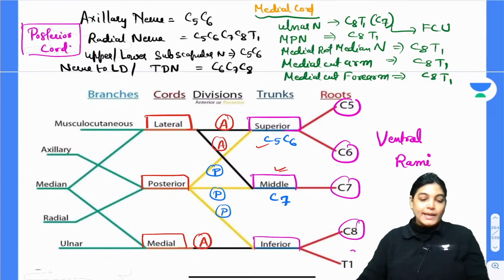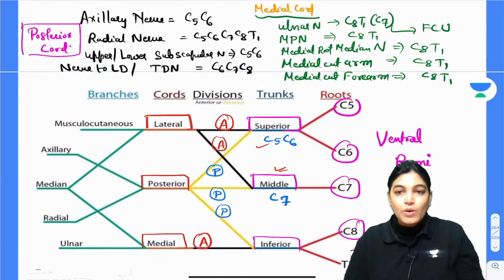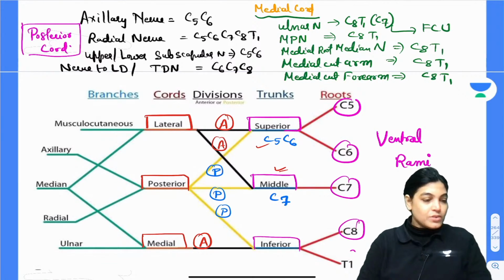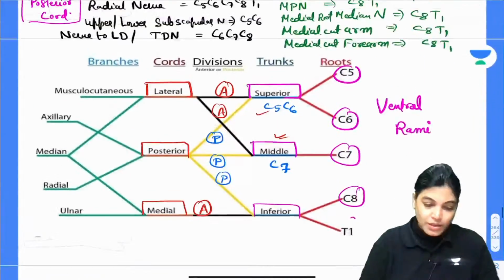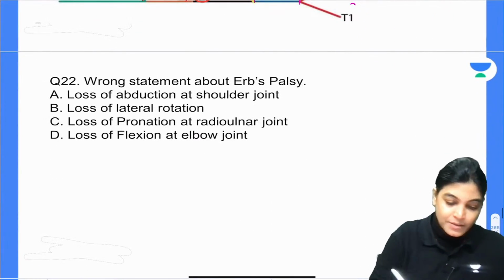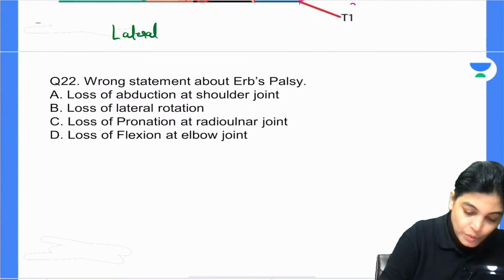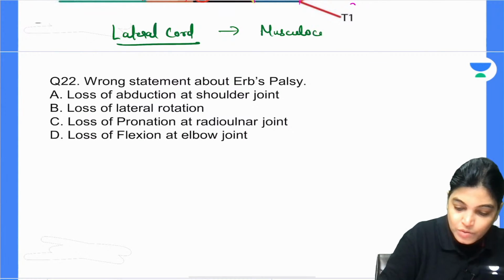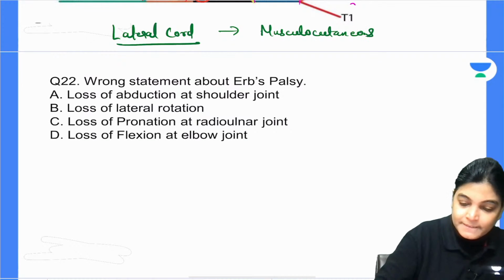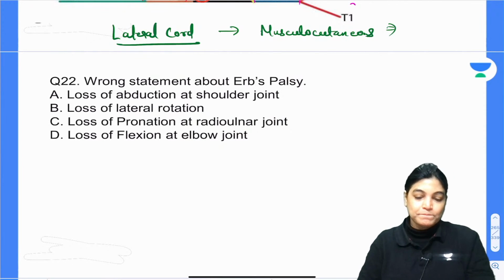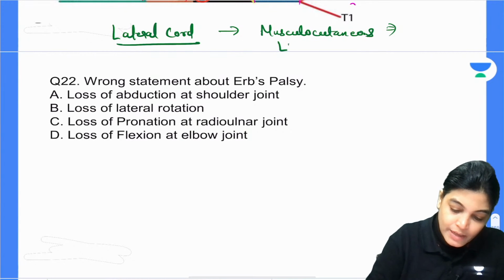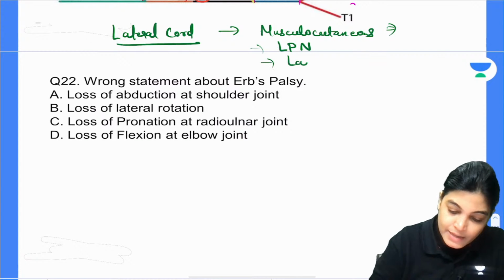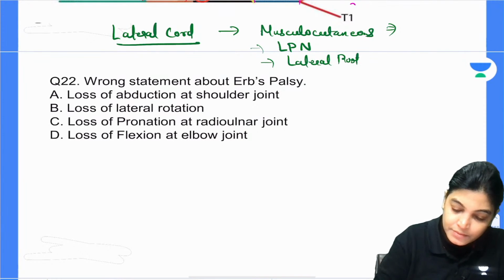So, is it clear? Now, we are left with the branches of lateral chord. So, let me write about lateral chord also. I will utilize the space in writing that. Branches of lateral chord: lateral chord branches are musculocutaneous nerve, lateral pectoral nerve, and lateral root of median nerve.